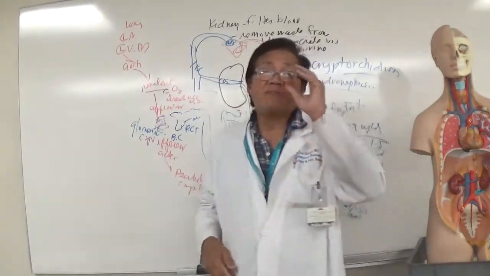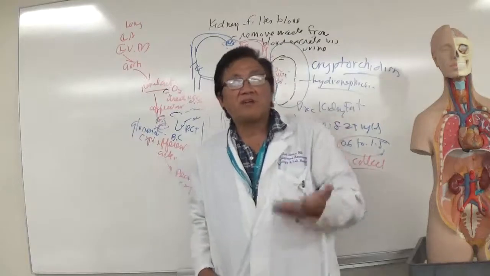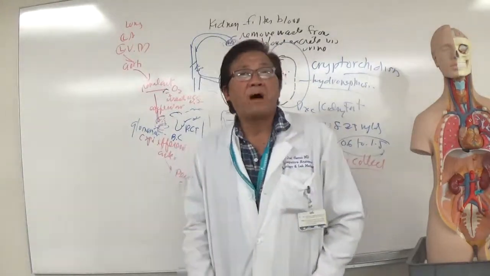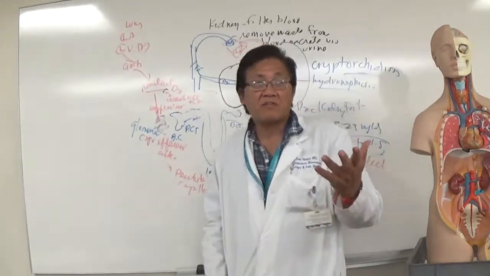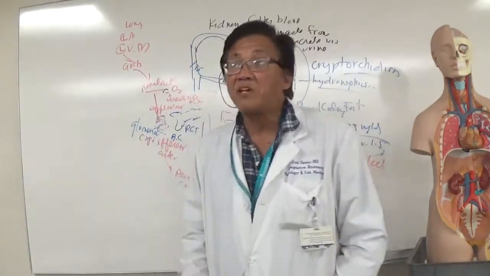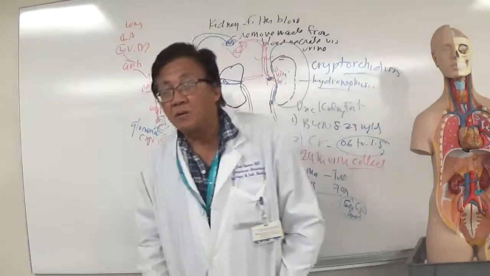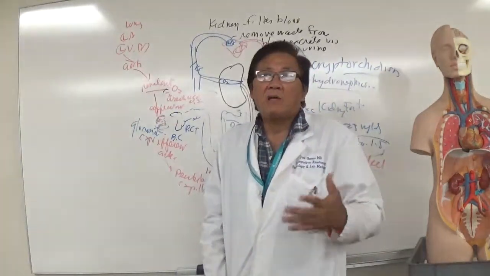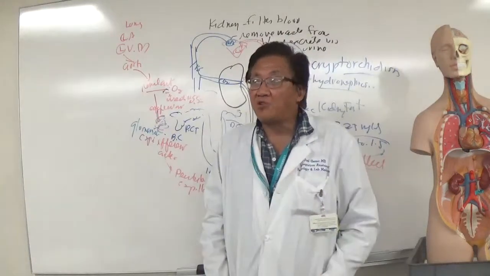Now I also mentioned cervical cancer. What is the diagnostic test to check for cervical cancer? The Papanicolaou smear, a Greek name, right? Pap smear. We talked about how this is due to HPV, human papilloma virus.